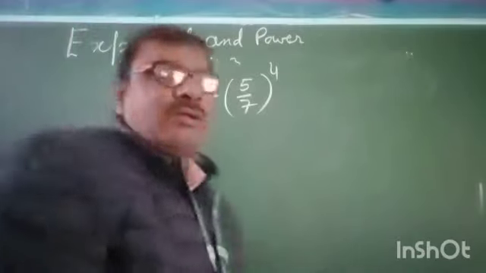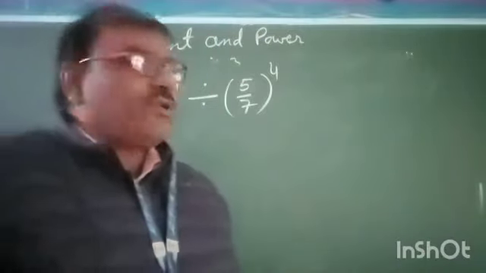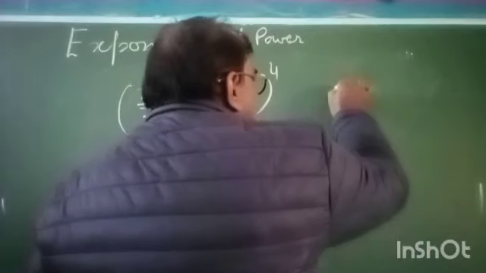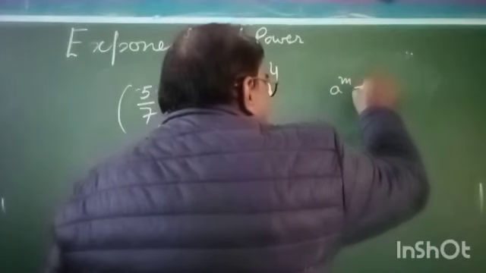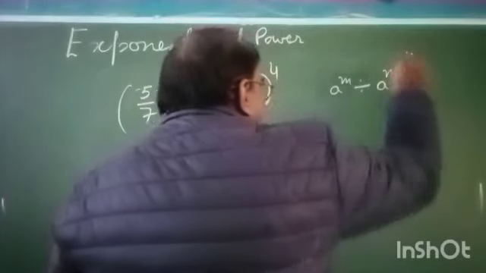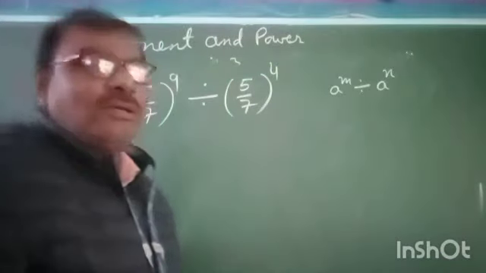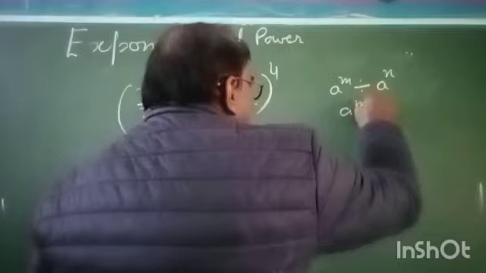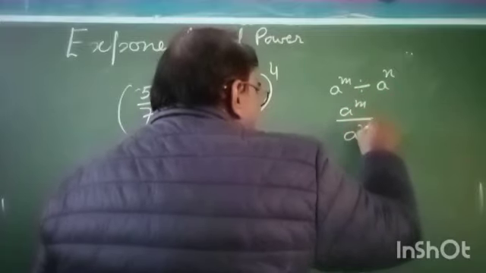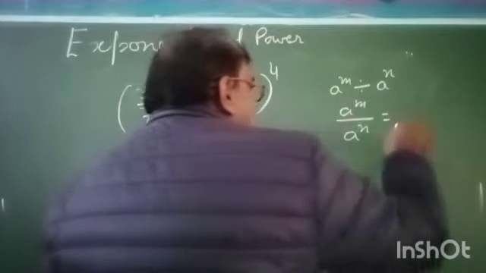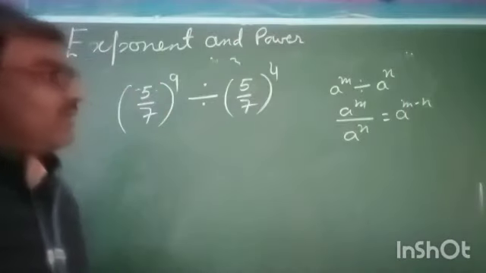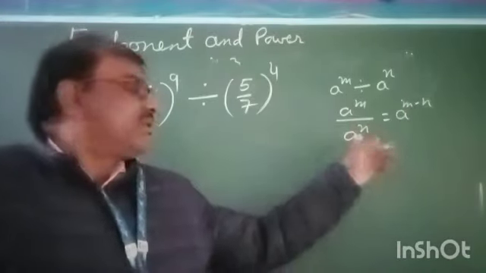So dear friends, as you see here, the law of exponents says a to the power m divided by a to the power n equals a to the power m minus n.